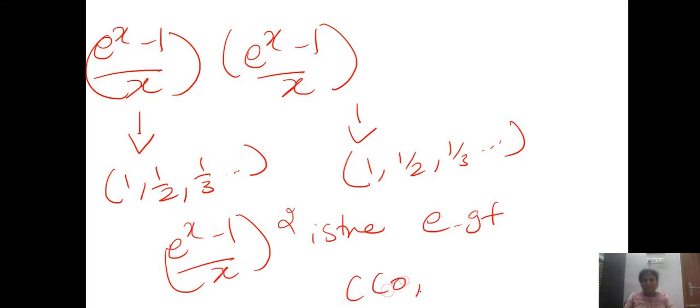That sequence may be c0, c1, c2 and so on, where each c_r will be equal to the summation i varies from 0 to r of rCi a_i b_(r minus i). This comes from the very beginning. I told you in the very beginning before we started the problem, you can go back and refer. So here a and b both are the same, right?